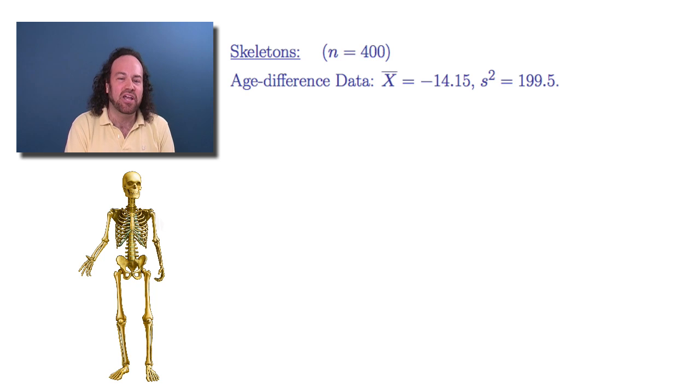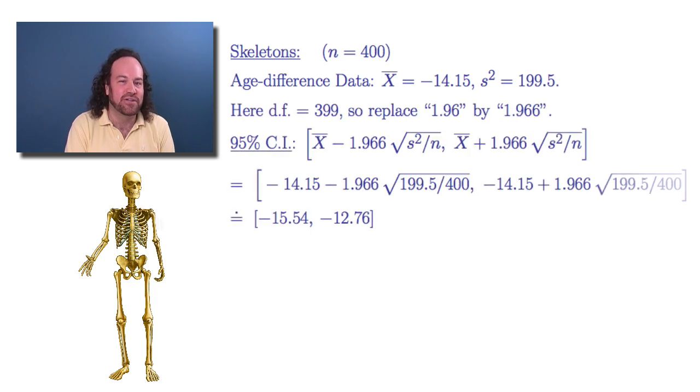So what if we wanted a confidence interval for the true mean of the age differences? Well, it turns out that if n is 400, so there's 399 degrees of freedom, then the value we want to use for a 95% confidence interval instead of 1.96, well, is about 1.966, so just a tiny bit larger.